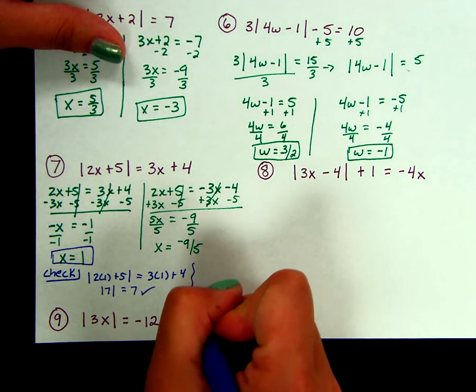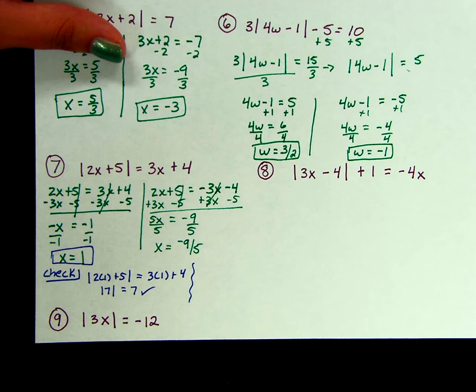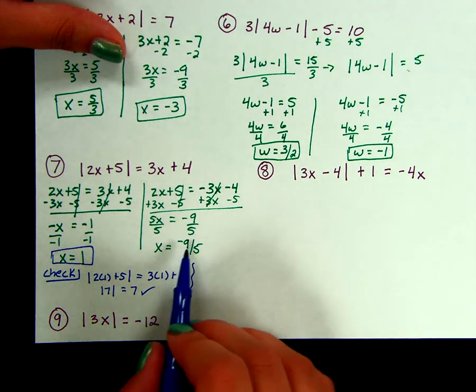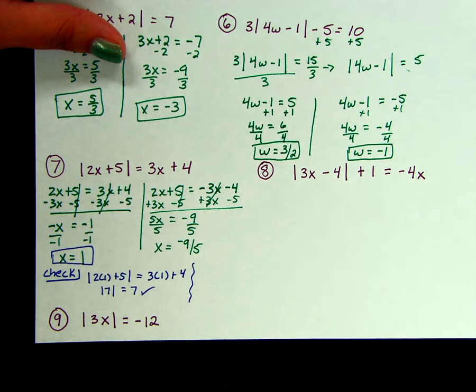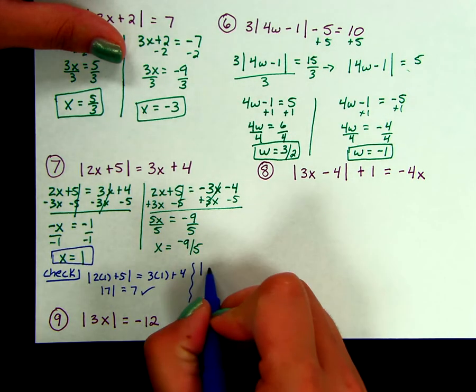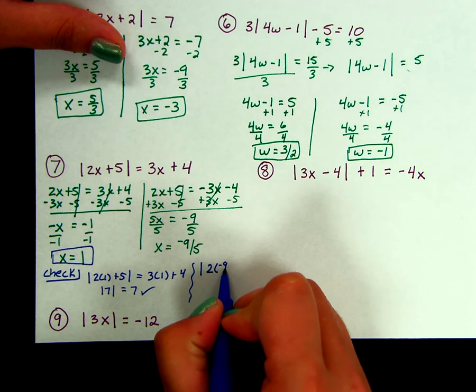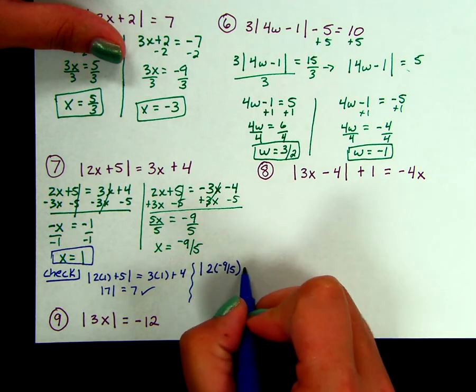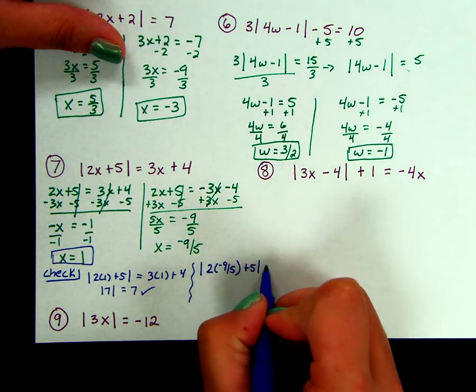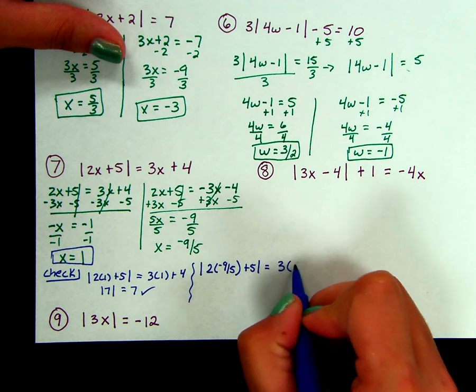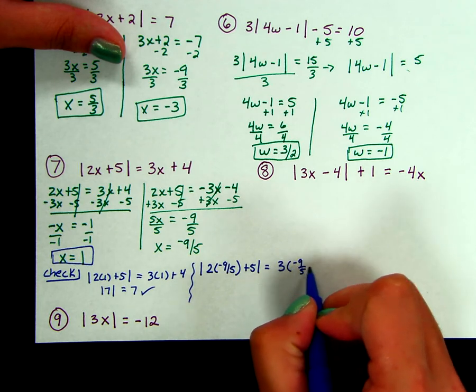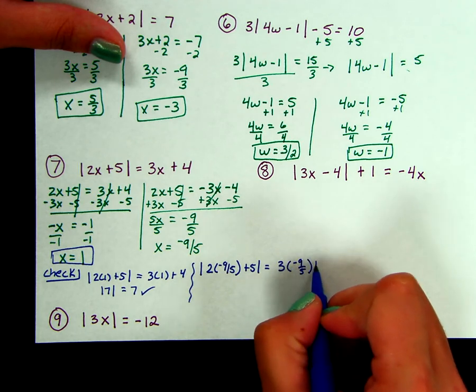Okay, so I'm going to draw a little line here to divide my work. So I'm substituting -9/5 into both of the x's. So 2 times -9/5 plus 5 equals 3 times -9/5 plus 4.